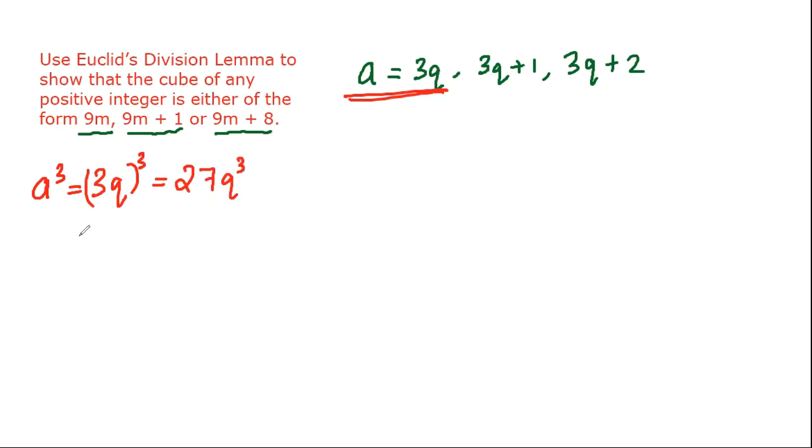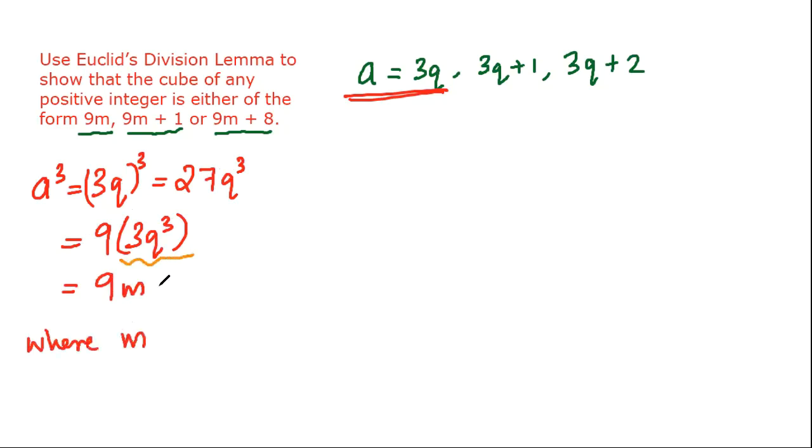And the same thing, we can take 9 outside, 9 times 3q cube, and that can be written as 9 times m, where m is equal to this thing, that is 3q cube. So this is the first case. Let's consider the second case. Case 2, a is equal to 3q plus 1.